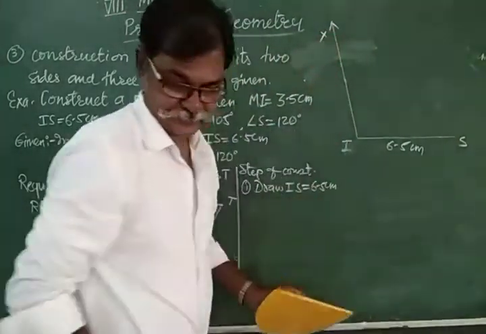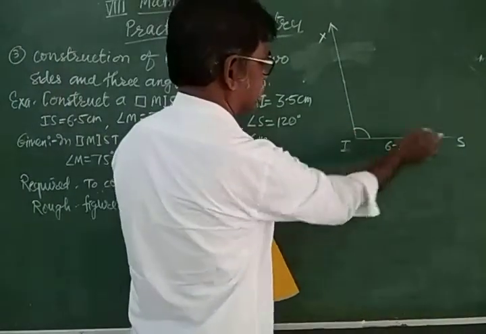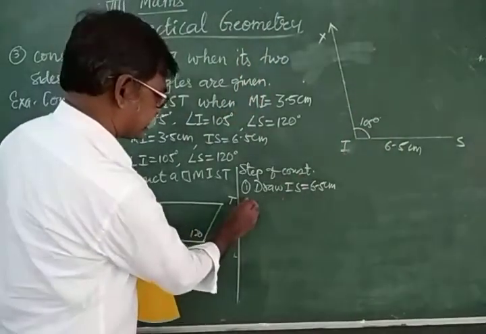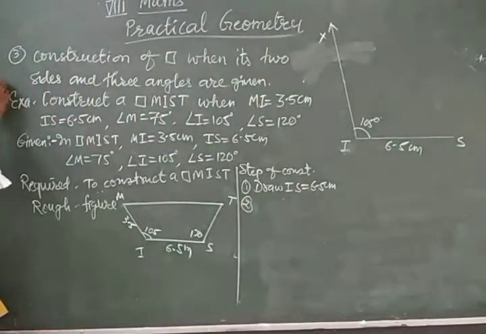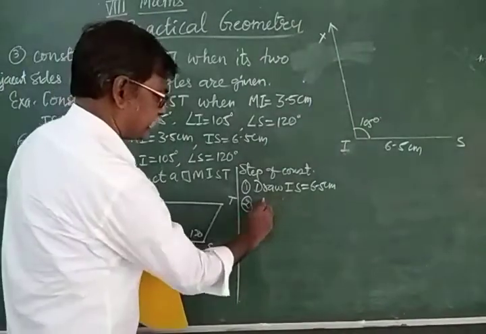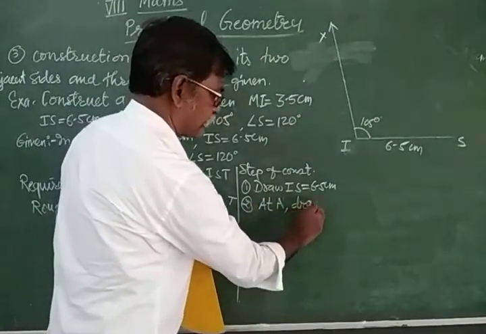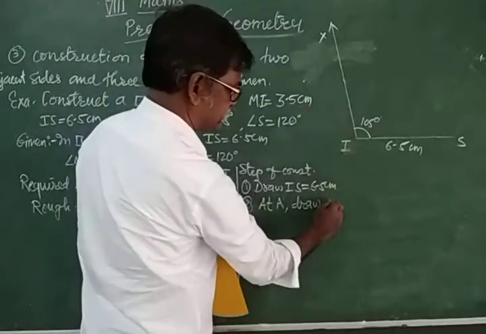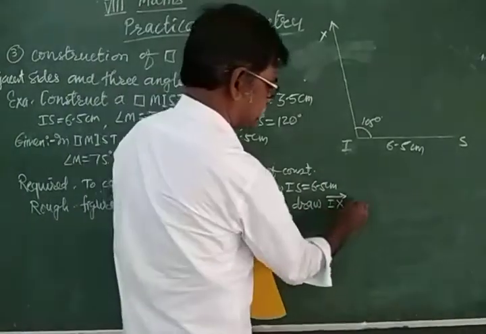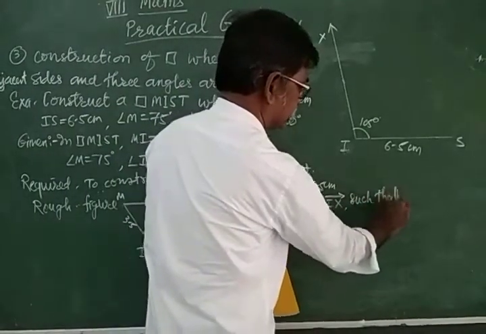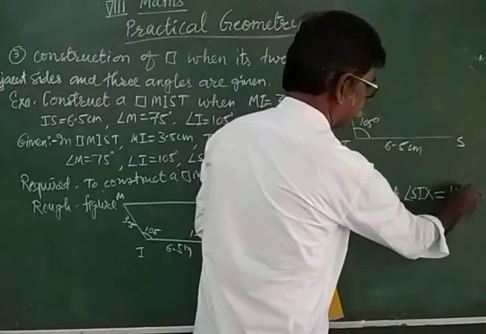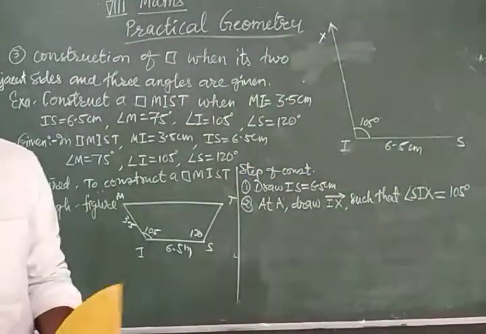Draw ray IX such that angle SIX is 105 degrees. So the second step: at I draw ray IX such that angle SIX is equal to 105 degrees. Or simply you can write angle I is equal to 105 degrees.